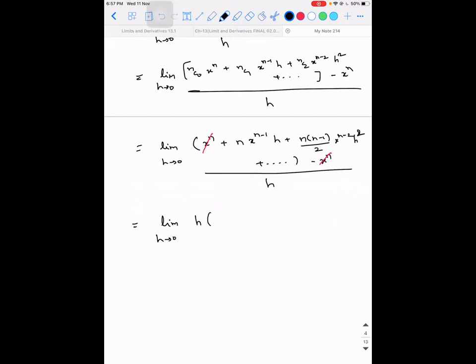Now, if you observe, what is common in the numerator? If I substitute h tends to 0 in this step, numerator will be 0, denominator will be 0. 0 by 0 form, I cannot solve it. So I'm taking h common: n into x power n minus 1 plus n into n minus 1 by 2 into x power n minus 2 into h plus so on, the whole divided by h.